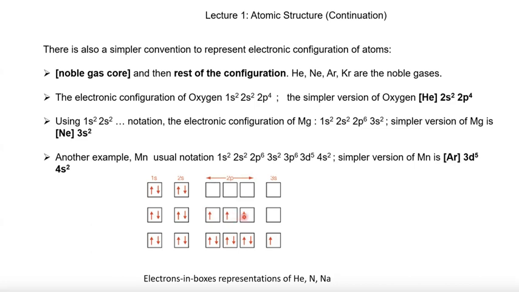And then if we have more electrons, we come back and pair them, which we have done here. So this is for helium, electron in boxes. This is for nitrogen, electron in boxes. This is for sodium, electron in boxes.